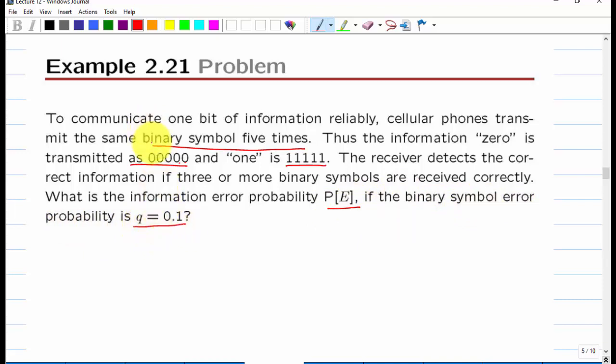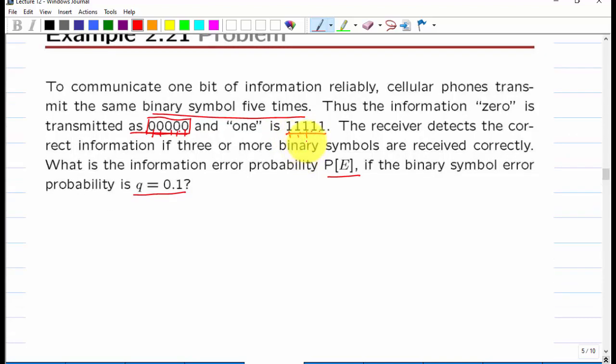So this is 1 bit, second, third, fourth bit. These all 5 bits represent 1 bit that has been transferred as 0. Similarly, this is 1 2 3 4 5 bits. The question says that if 3 of them are the same, it will detect it as 1, or if there are 3 zeros or more than 3 zeros, or 3 ones or more than 3 ones, it will detect it as 1 or 0.